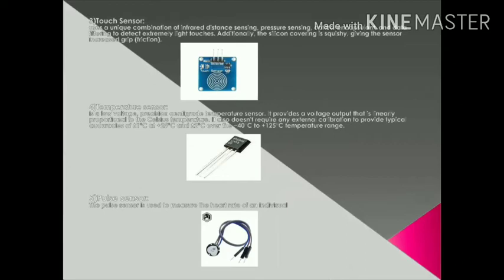Coming to the next sensor, the temperature sensor. It is a low voltage, precision, integrated centigrade temperature sensor. It provides a voltage output that is linearly proportional to the Celsius temperature.